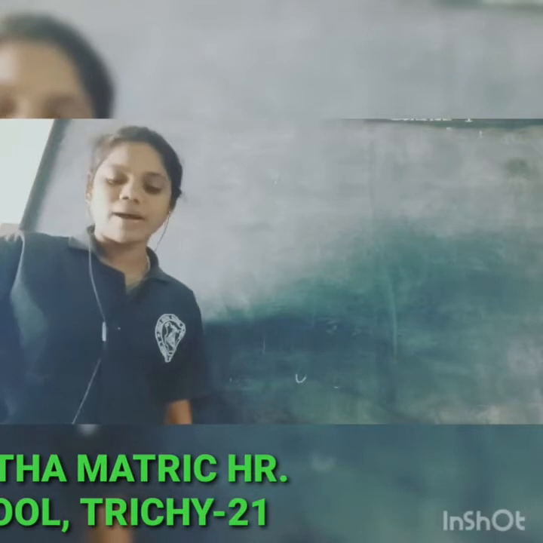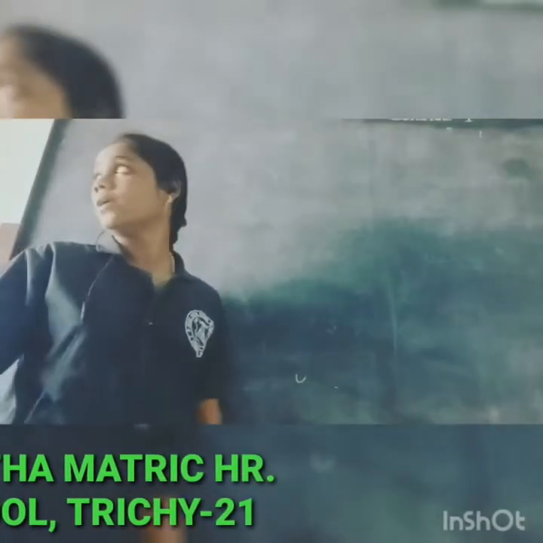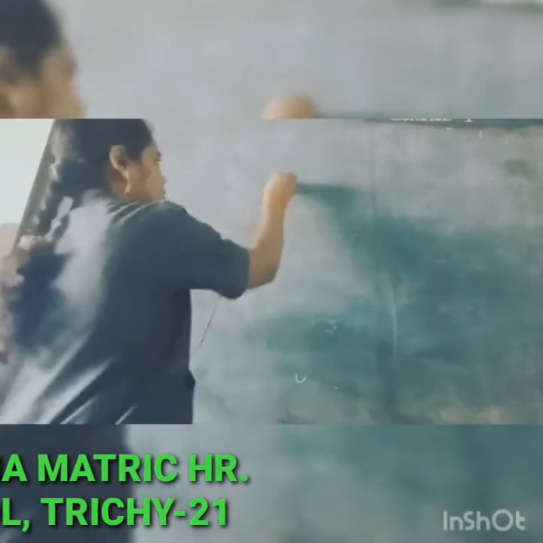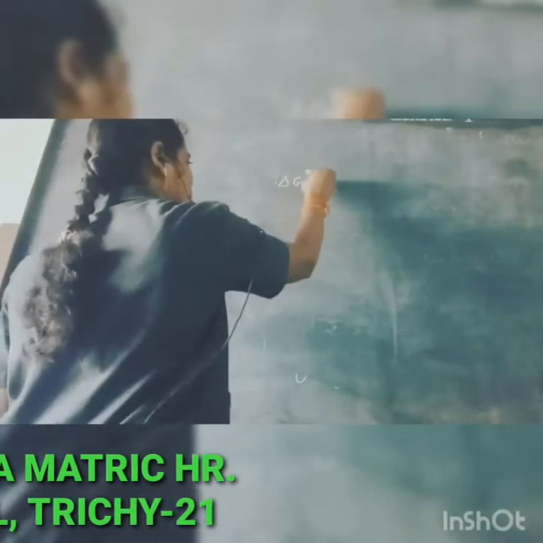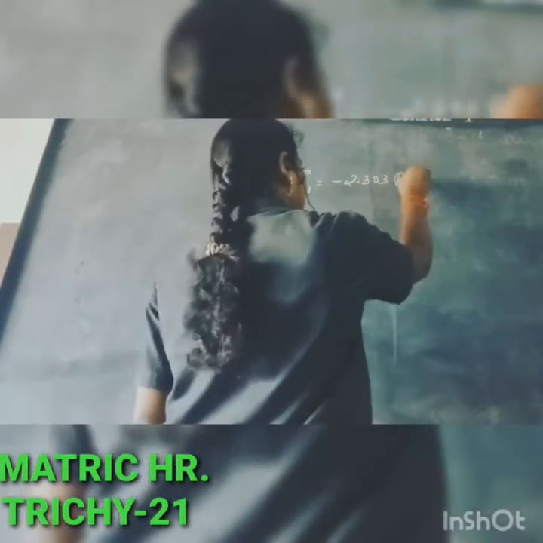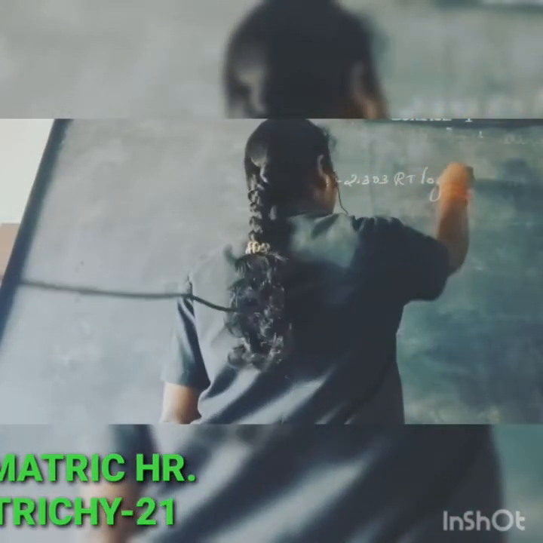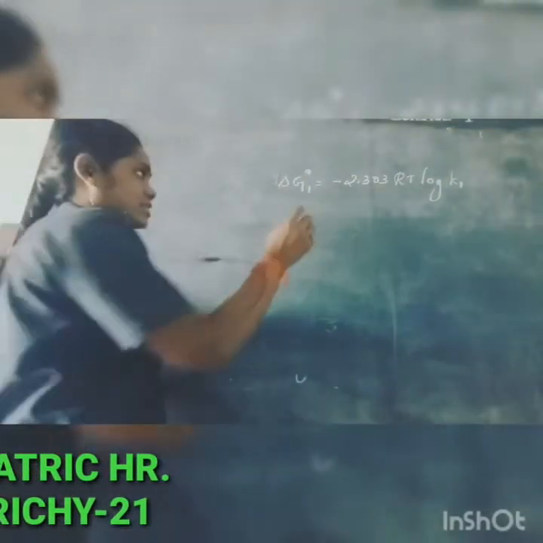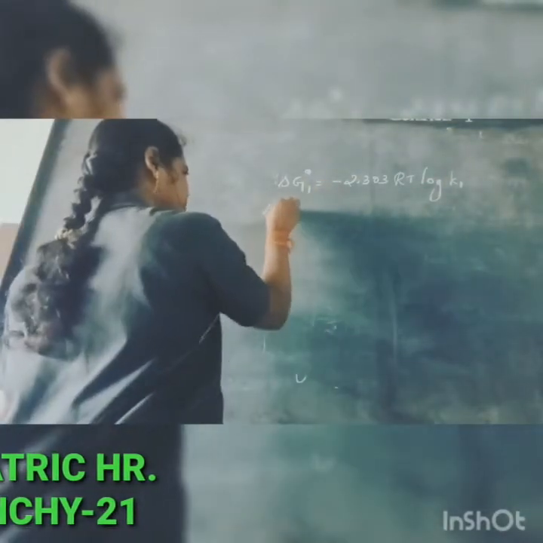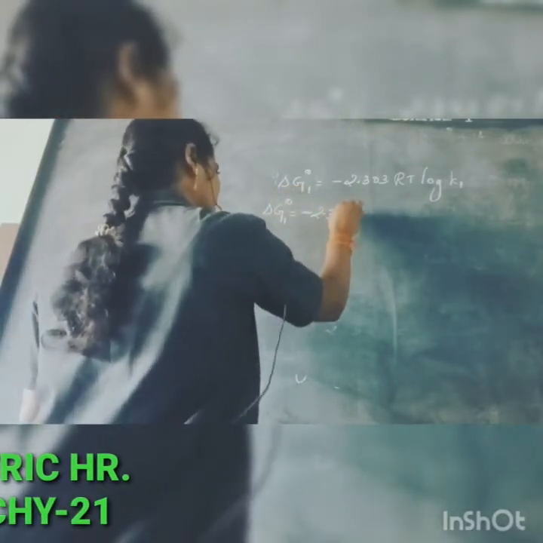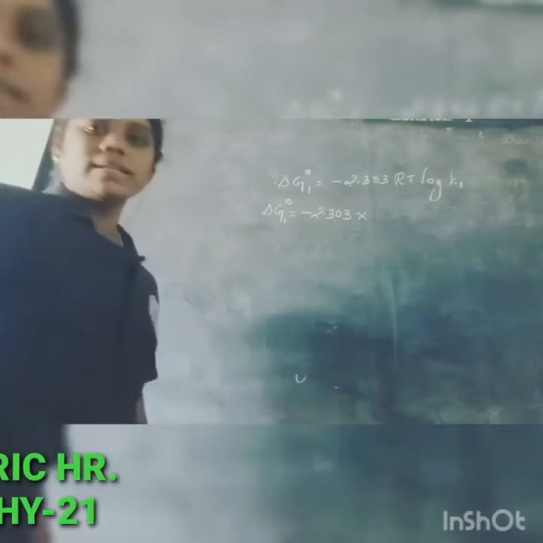And next one, the formula. The formula for del G1 naught is minus 2.303 RT log K. So apply these values here. So first one is minus 2.303 into R. What is the R value?